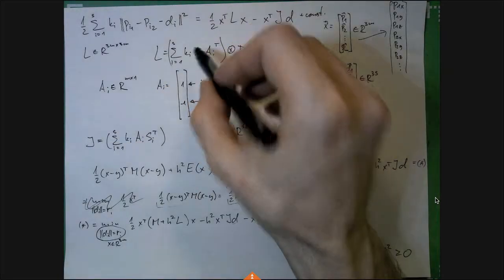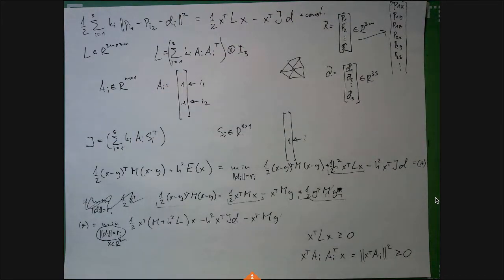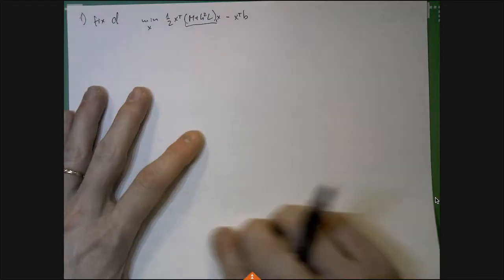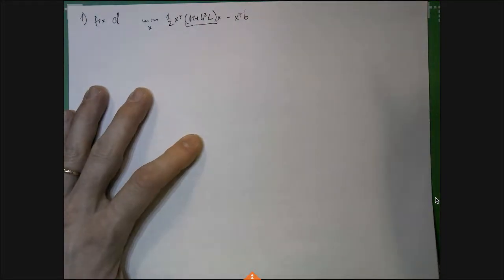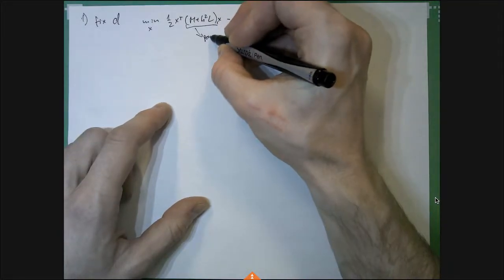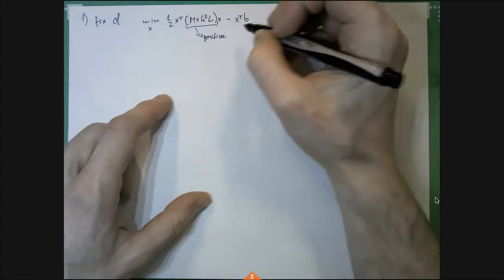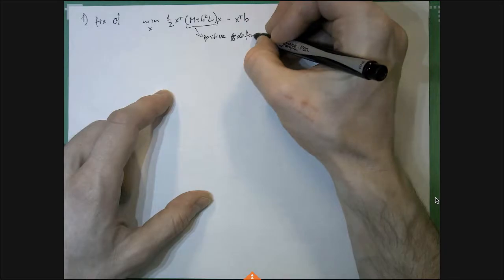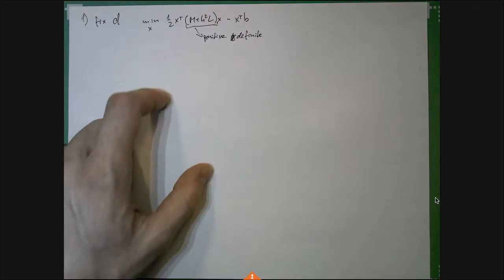So the L matrix indeed is positive semi-definite, and the h squared, of course, is a positive scalar, right? So this entire matrix will be positive definite. Good.